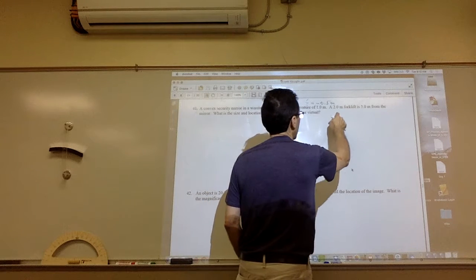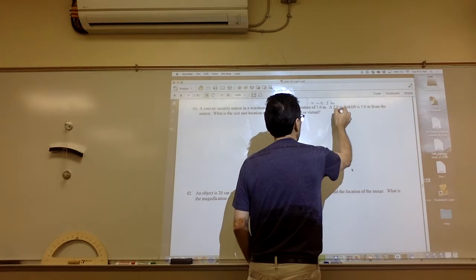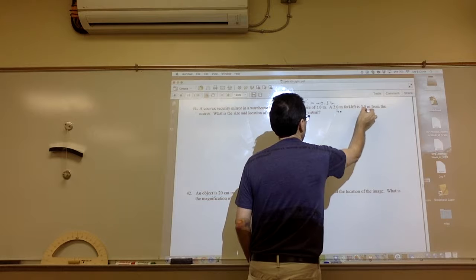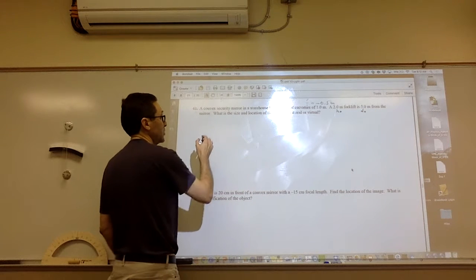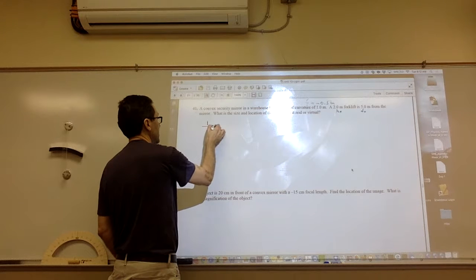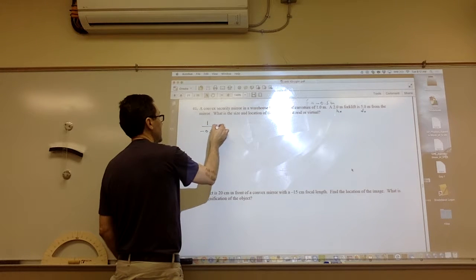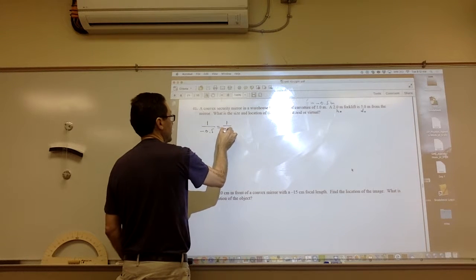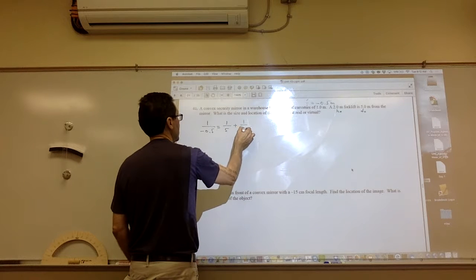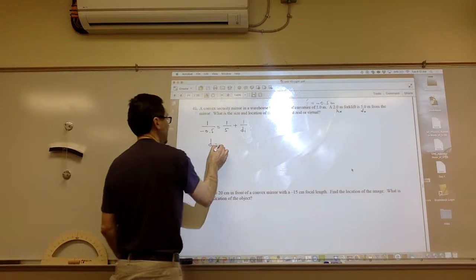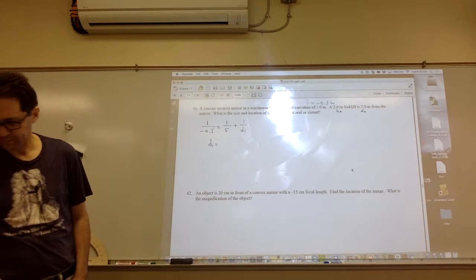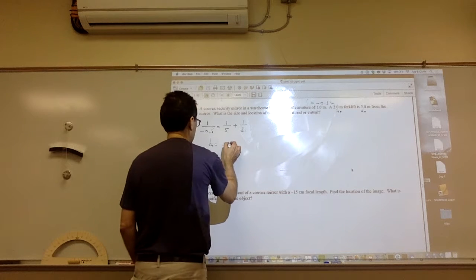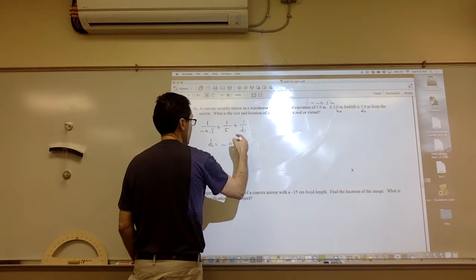A 2 meter forklift, that's HO, is 5 meters from the mirror. What is the size and location of the image? So let's find the location. 1 over negative 0.5 equals 1 over 5 plus 1 over DI. DI equals negative 0.45. So the negative means that it's behind the mirror.